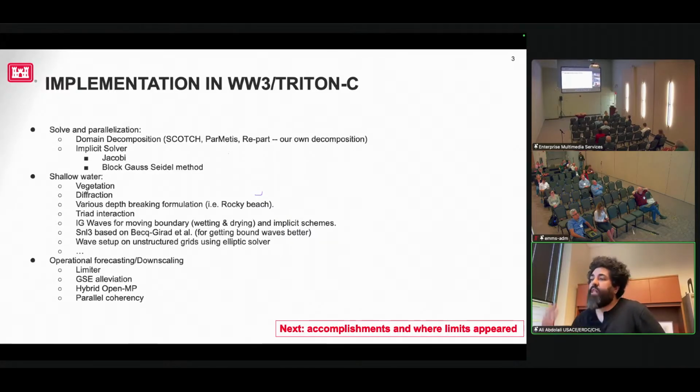And then we added lots of shallow water physics, like vegetation, diffraction, depth-induced breaking with rocky beaches, triad interaction, improved wetting and drying, etc. And then we also added some limiters. We improved the GSE correction and also OpenMP for unstructured.